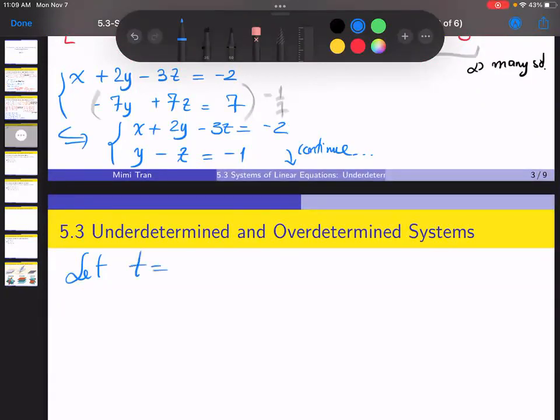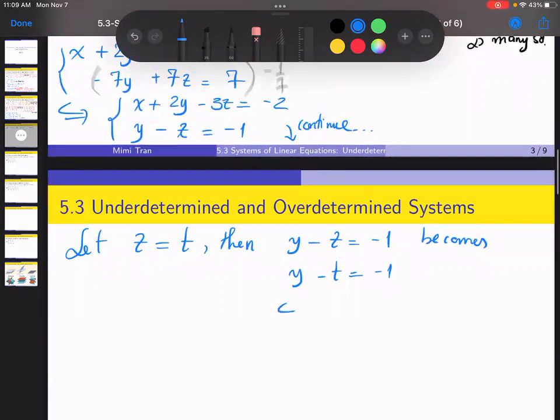Let z equal t, how's that? Then y minus z equals -1 becomes y minus t equals -1. You solve for y equals t minus 1.